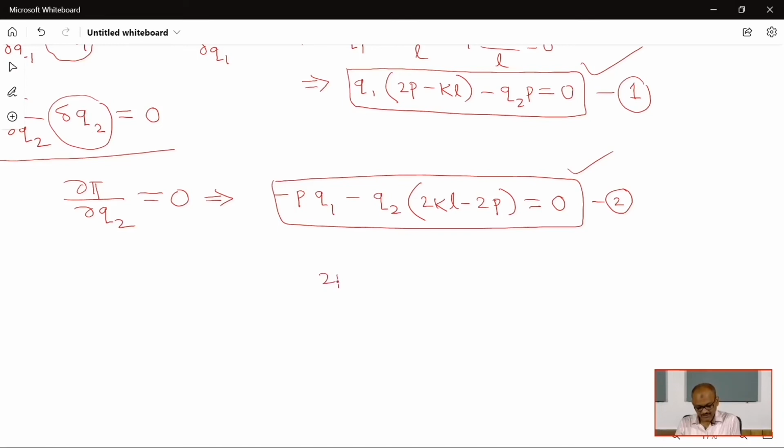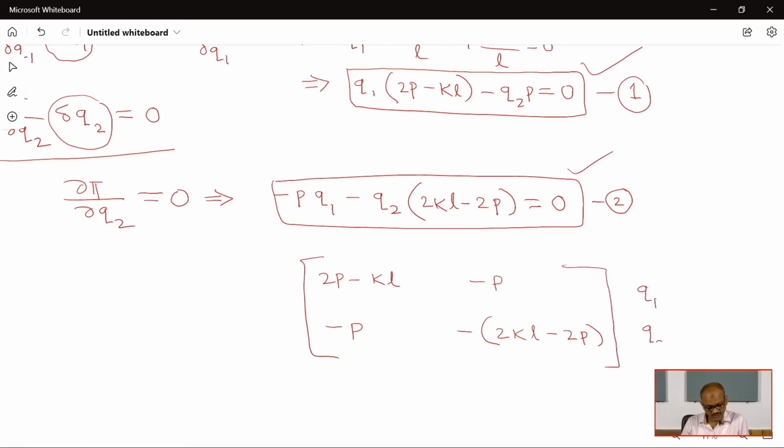These two equations, if you write in matrix format, will be 2P minus KL, minus P; minus P, minus 2KL minus 2P, multiplied by Q1 and Q2, equal to 0.